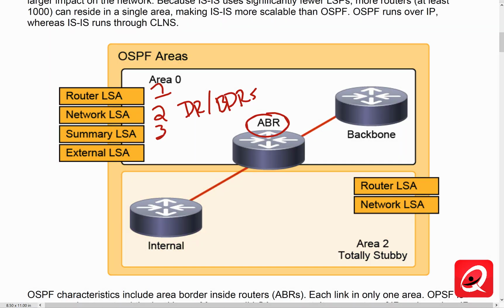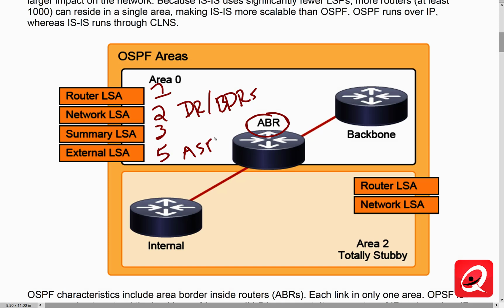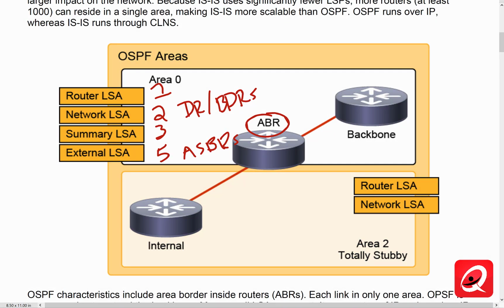Type 3 LSAs are going to be generated by ABRs. External LSAs are going to be generated by ASBRs, and so on. We talked about the type 5s, the type 4s, the type 3s, type 7s, if it's an ASBR in a special area type, and so on. We don't really have that concept in ISIS.